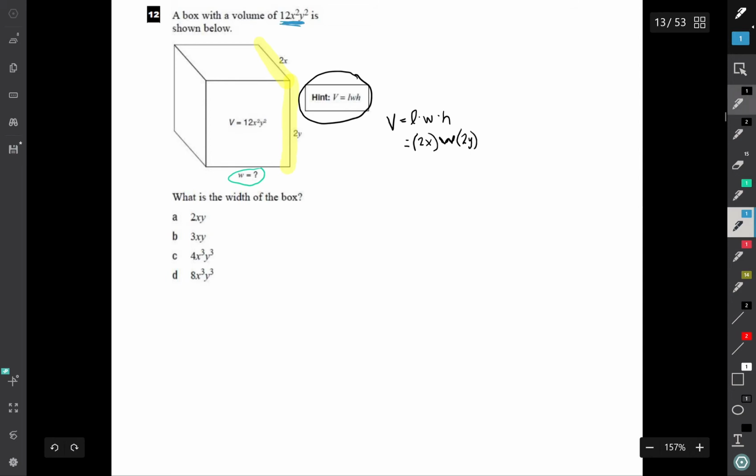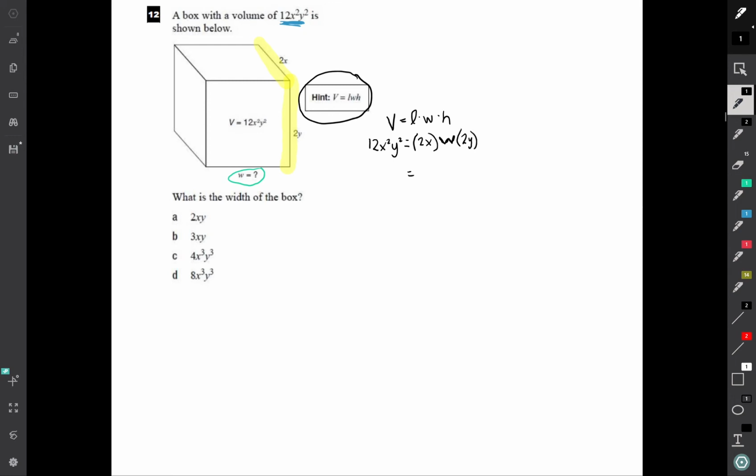So let's put that onto the left side of our equation. So I'm going to go 12x squared y squared. Okay? Let's clean up the right side of my equation here.